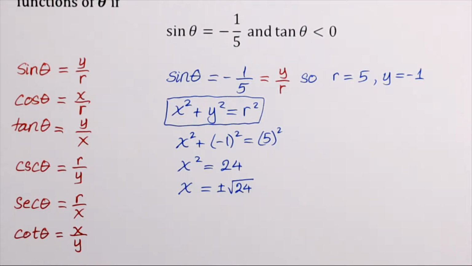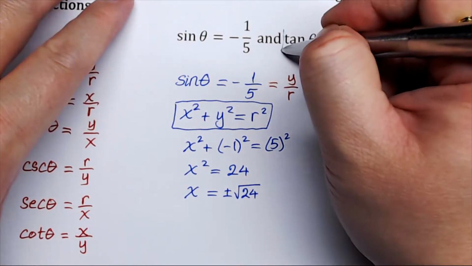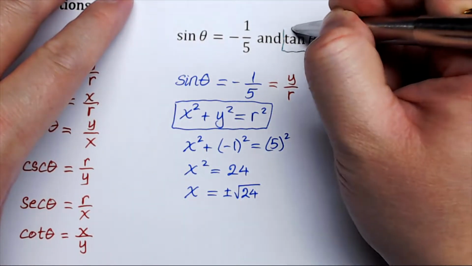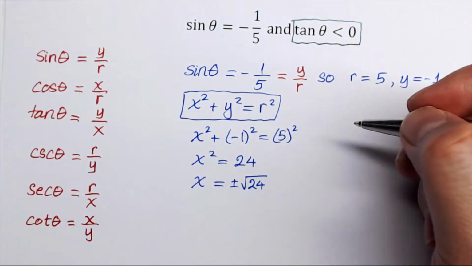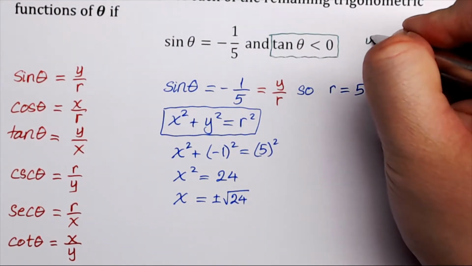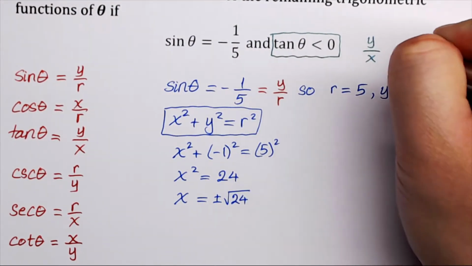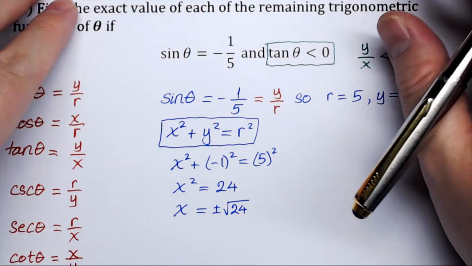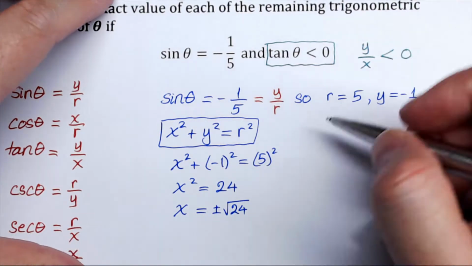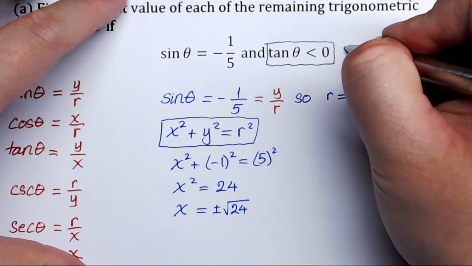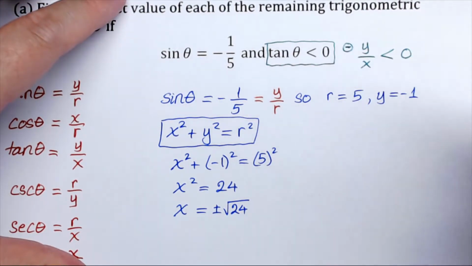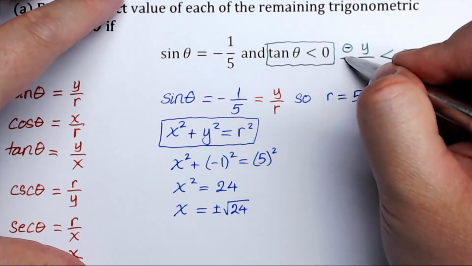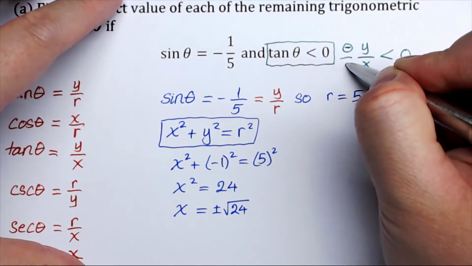So go back to the problem. We see that we are given tangent is less than 0. Tangent is y over x. So if y over x is less than 0, and we know that y is negative, because of that x must be positive.